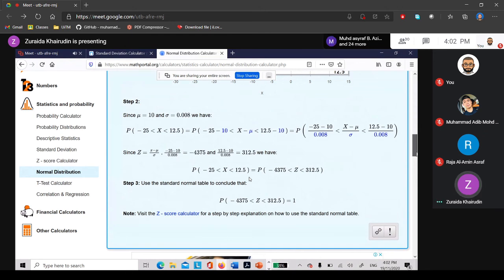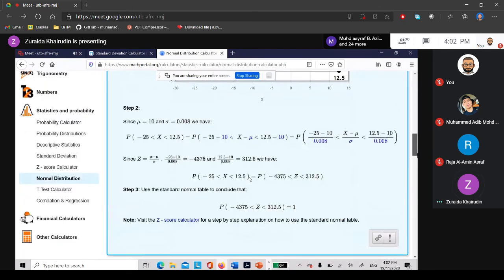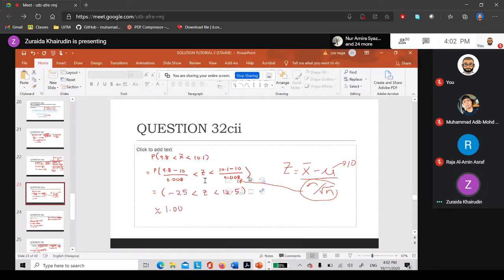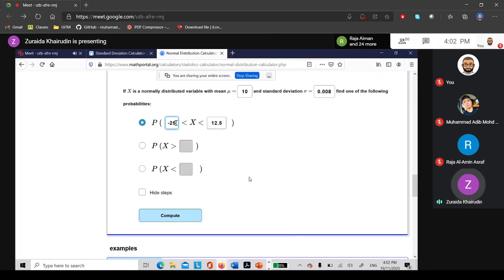Kenapa Z ni X kan? Saya rasa saya salah masuk nilai. This is your X not your Z. Sekejap. Check your X is 9.8, 10.1. Sorry, your X is 9.8 and also 10.1.